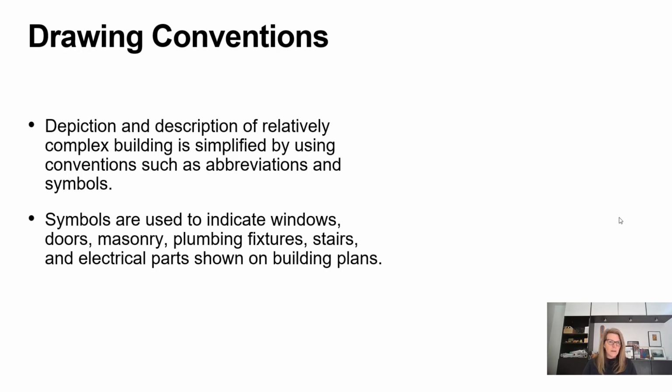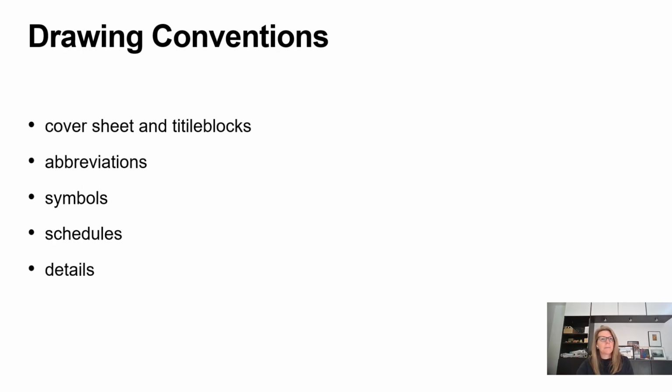So we utilize tags and symbols to indicate information and try to make those as clear as possible for those who are looking at that set of drawings. Being able to read those is really important to being able to find the information that you need in order to construct the building.